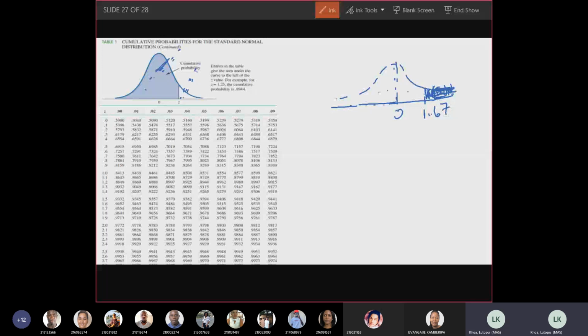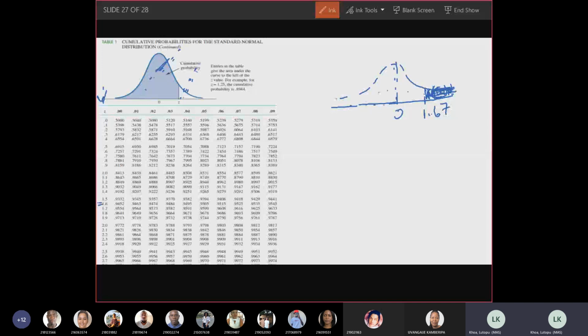So remember how to read your table. You go to Z, you're looking for 1.67. So this is 1.6 over there. I hope you can see it. There's 1.6. Then the first number next to 1.6 is the value for 1.60.